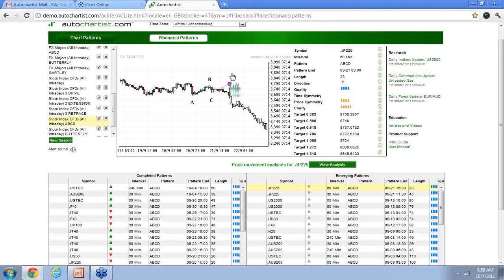Personally, I get a little bit more upset when I miss a move, because I played around for a few pennies here and there. So basically I consider it an error of omission. But in this case, you can see that if you're waiting for an emerging pattern and you want all the conditions to work out perfectly, time worked but price didn't.